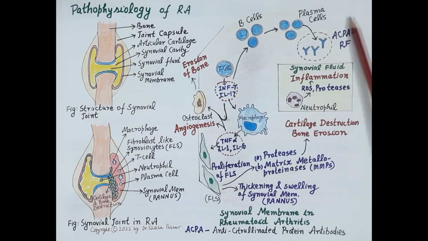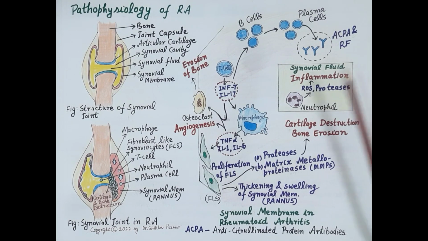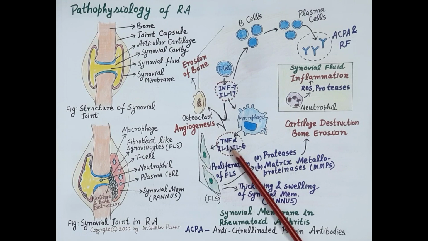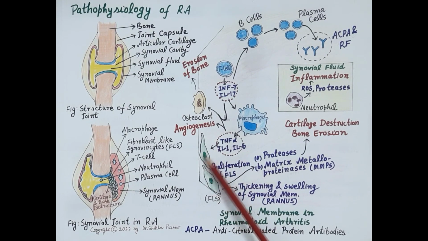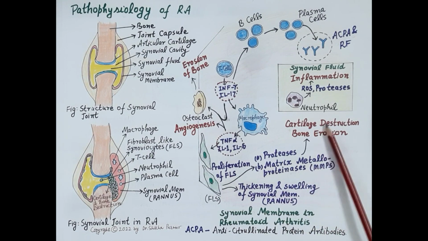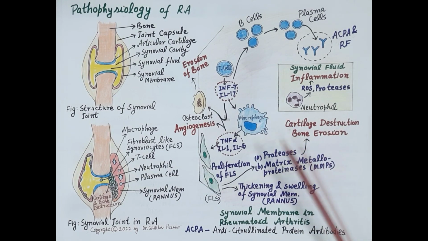Now, these antibodies also attack and destroy the joint. Now, biological DMARDs like tumor necrosis factor alpha inhibitors, for example, etanercept, bind to tumor necrosis factor alpha, neutralize it, inactivate it. So, tumor necrosis factor alpha is unable to carry on the functions of inflammation and destruction of cartilage and bone.